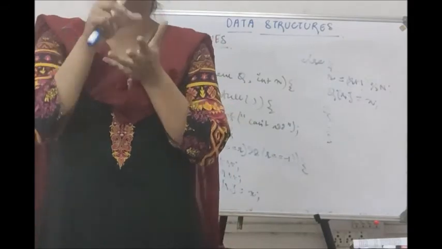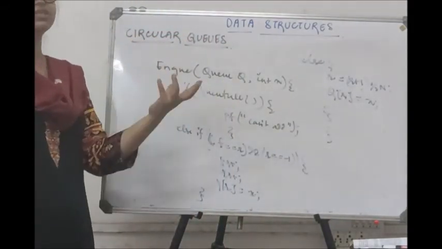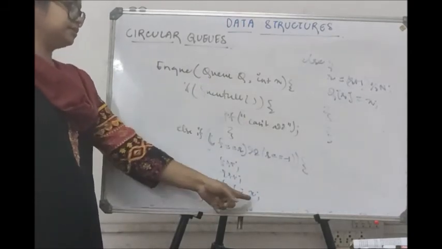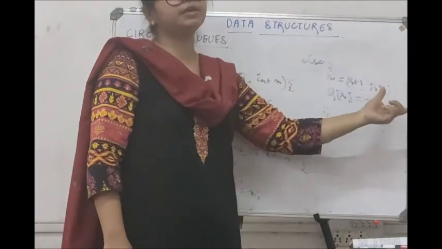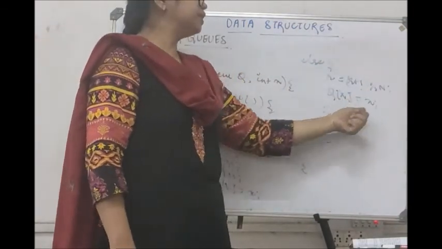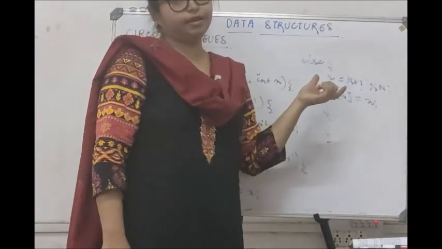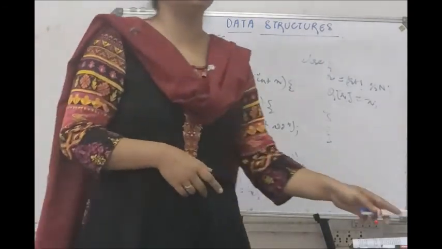If we are adding only one element into the queue, then front and rear will be pointing to the same element, because it has only one element. So in such a case, we will increment them and assign X to Q[rear]. Otherwise, we will simply increment rear and put X at the rear end. Okay, we will add at the rear end. So this is what enqueue is. Okay.